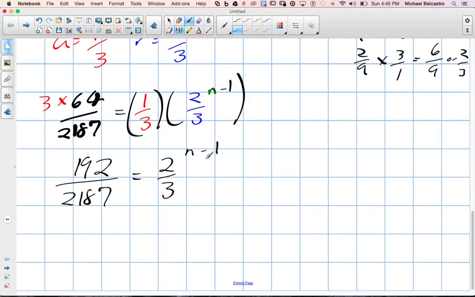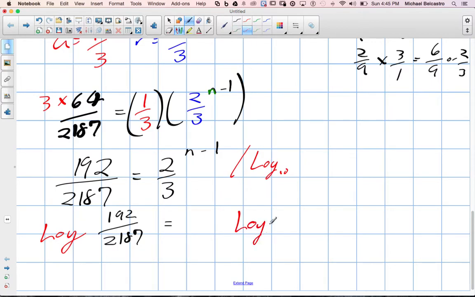Well, we need to bring this exponent down. So we're going to take the log base 10 of each side. So we get log of 192 over 2187 is equal to, when we take the log of this side, the exponent can come down, right? So log of 2 over 3, and the exponent is multiplied in front.